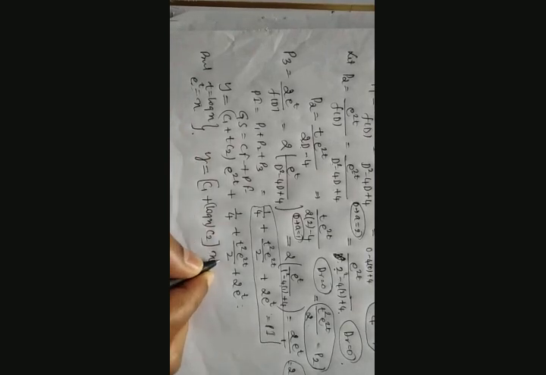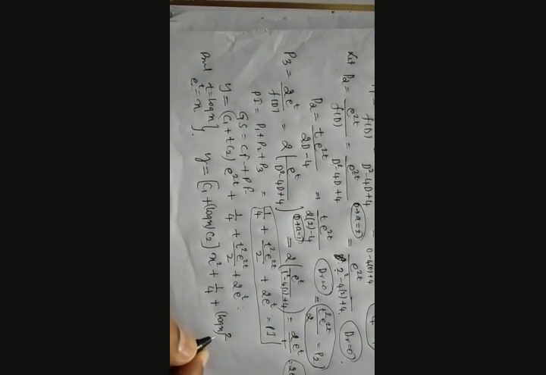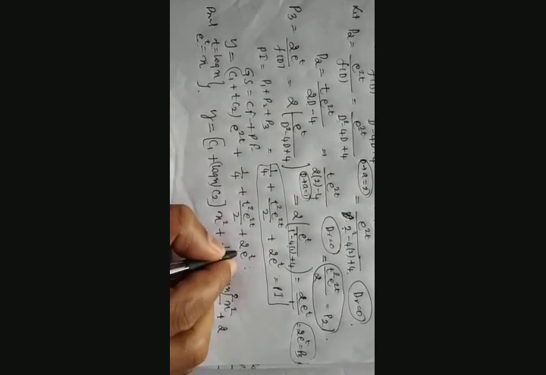E raised to t is x, so e raised to 2t will be x square, plus 1 by 4 plus t square. T is nothing but log x, so t square will be log x square into e raised to 2t, that is nothing but x square divided by 2, plus 2 into e raised to t. E raised to t is nothing but x. So this will be the general solution for the given equation number 1.